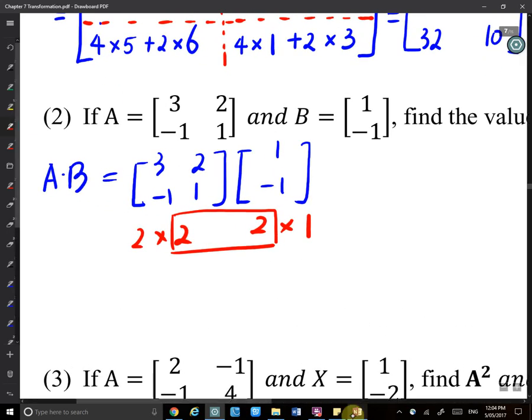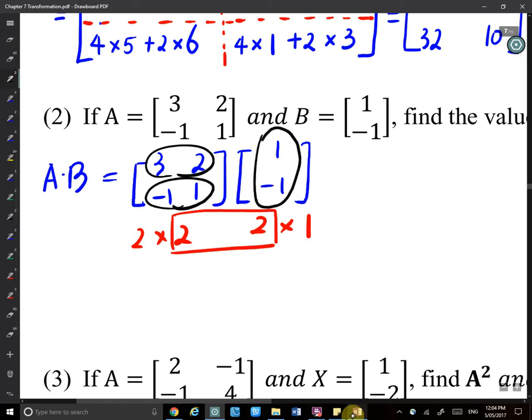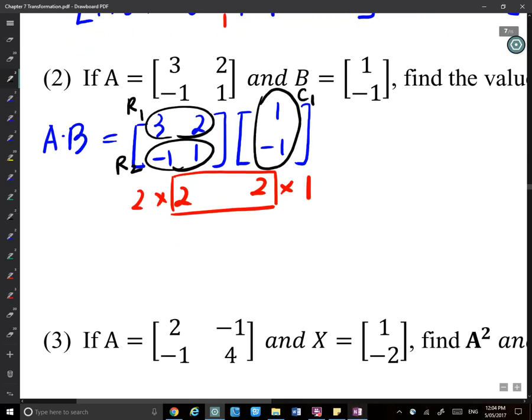And I will use row for the first one and column for the second one. That is row 1, that is row 2, and that is column 1. The answer should give me row 1 times column 1 will give me row 1 column 1. So row 1 column 1 is here.